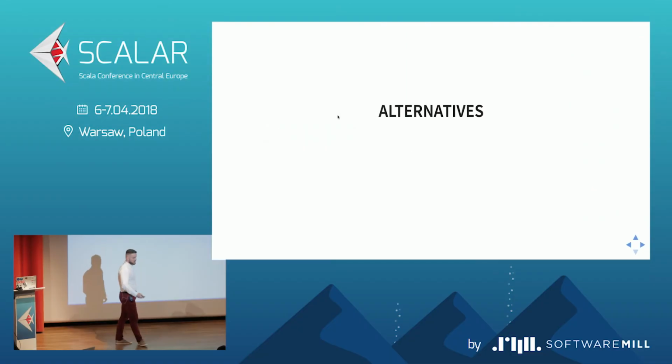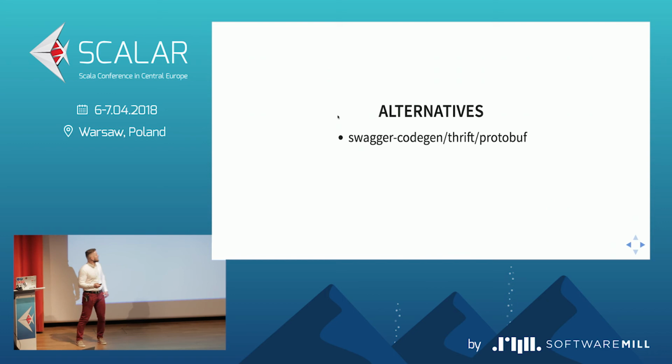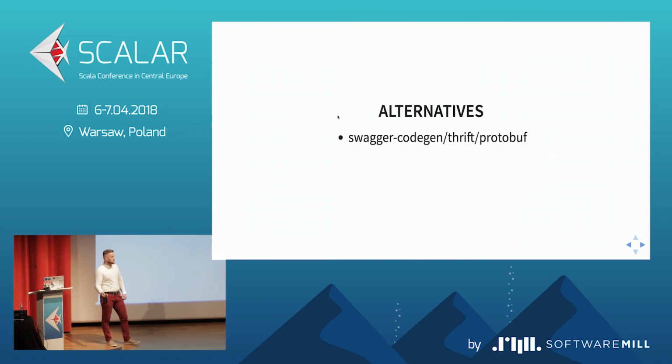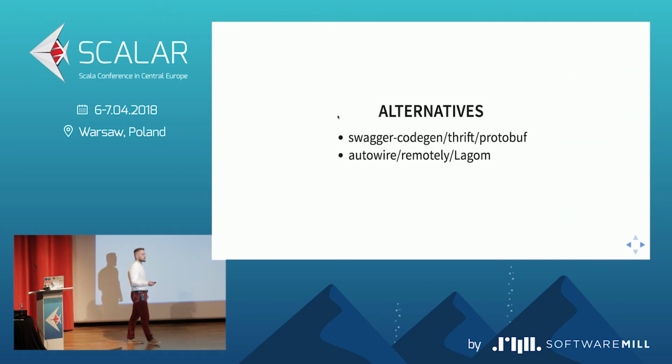OK, so what are the alternatives to endpoints? There is Swagger, CodeGen, Thrift, Protobuf, but all of these approaches are basically based on code generation. And it's fine if you like to live with generated code, but I don't. There is AutoWire, Remotely, and Lagom, which are basically RPC libraries.